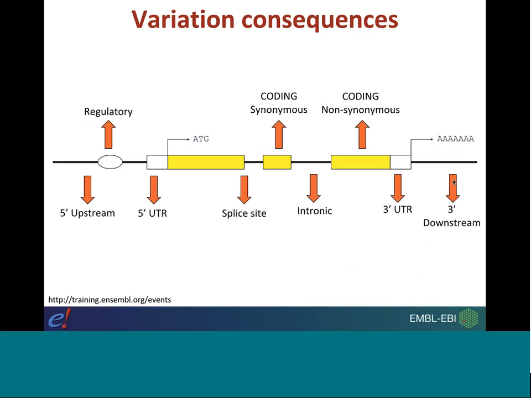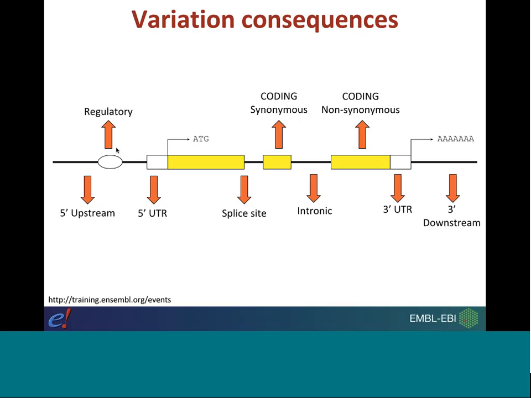This obviously has a less direct effect on the protein structure and function, but we do know that there are regulatory regions that fall outside of genes, and so even variants that don't fall within the coding regions of a gene have the potential to affect transcription and the expression of genes.